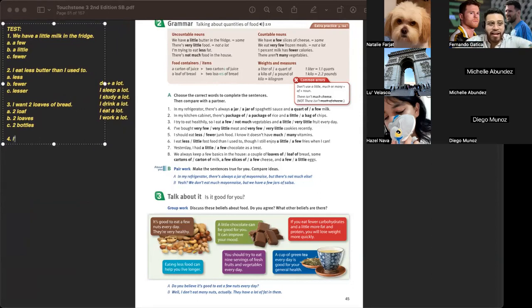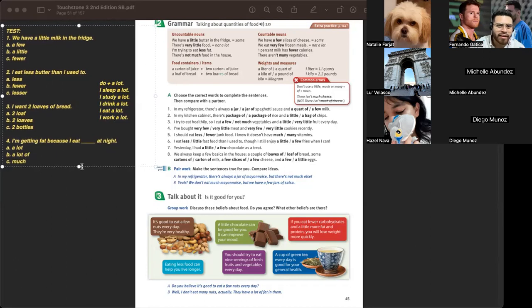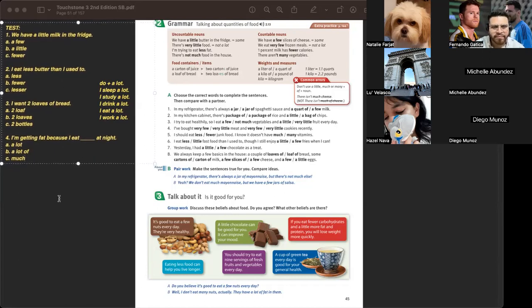All right. Look, I'm getting fat because I eat la at night. It's gonna be A, a lot, B, a lot of, or C, much. What is the correct answer? A lot.